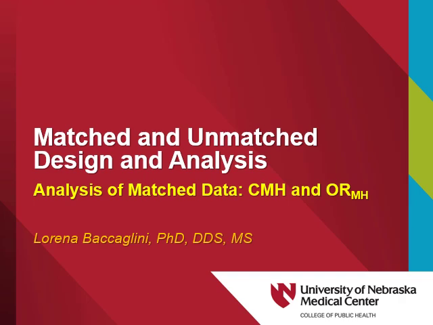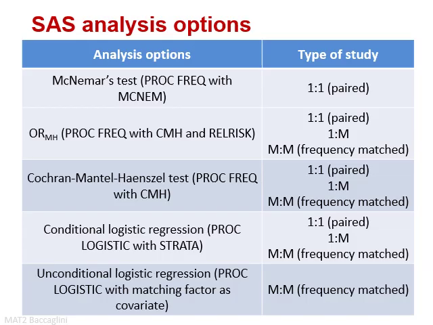Now let's take a look at the analysis of matched data using the Cochran-Mantel-Haenszel test and the Mantel-Haenszel odds ratio. These are different analysis options depending on the type of study that we have, here in the right column.